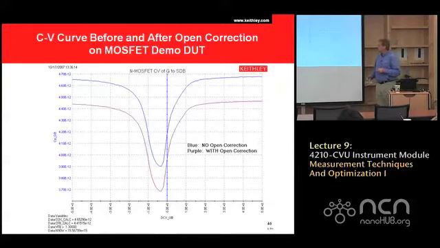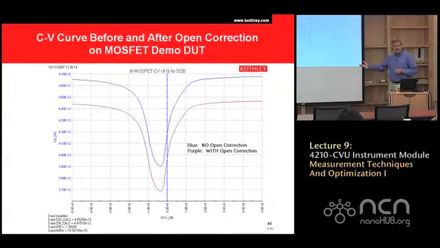Now, we had a question yesterday when we were trying to do a simultaneous CV. We're doing high frequency and quasi-static, and what we had was a shift in the curves here in accumulation, which was pretty significant. So in simultaneous CV, what we're doing is we're comparing high frequency and quasi-static and saying this shift in the curve, actually in this region of the curve, is due to interface traps.